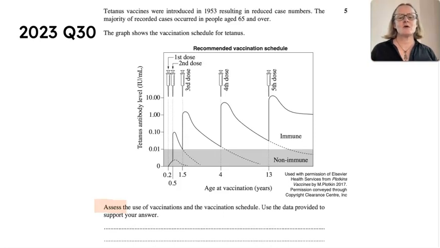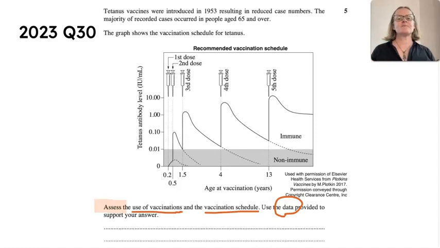What are we assessing? We're assessing two things, actually: the use of vaccines and the vaccination schedule. So we have to assess two things here. So we'll need to make sure that in our answer we come up with a statement that talks about both of those, using data to respond to that.